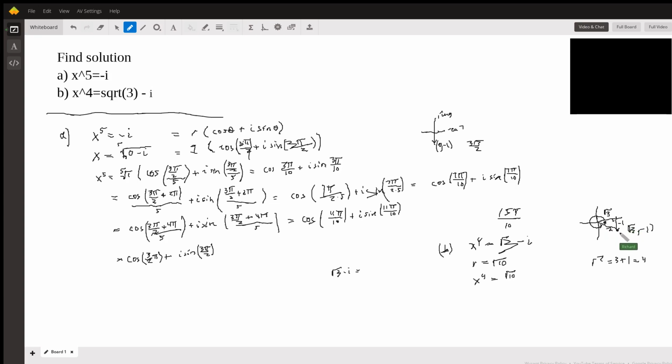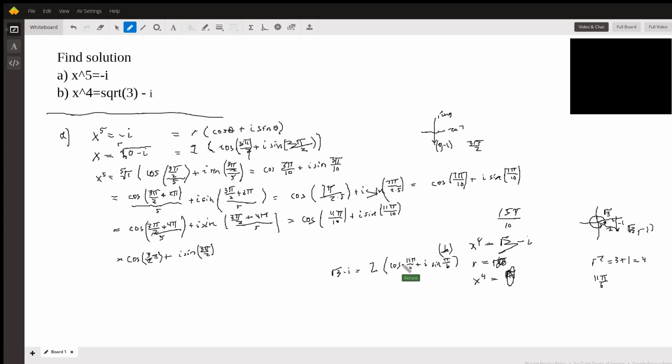This is pi over 6 here. So it's 11 pi over 6 is the angle. Sorry about that. So this is equal to 2 times the cosine of 11 pi over 6 plus I sine 11 pi over 6. That puts it in trigonometric form.